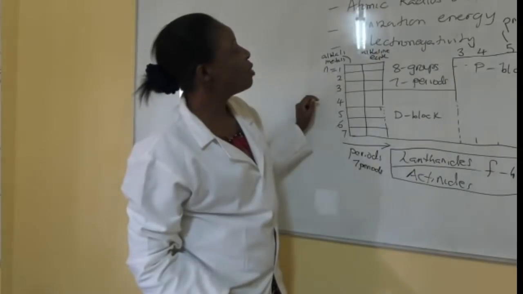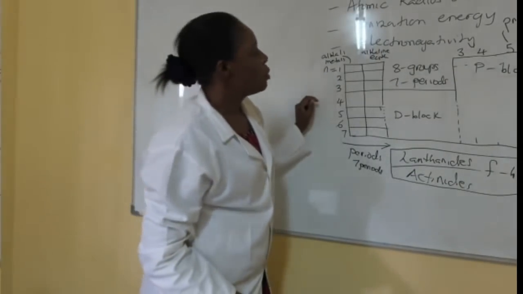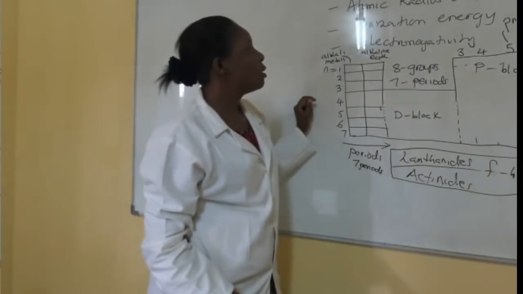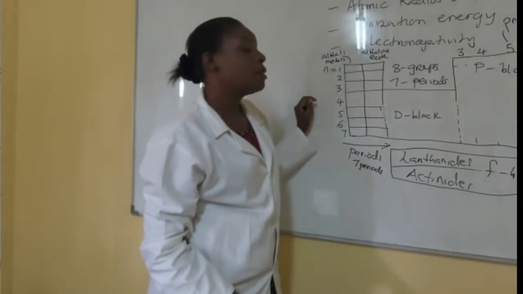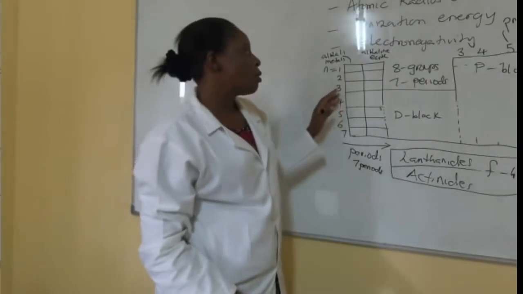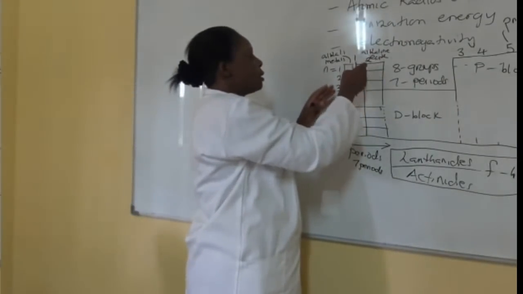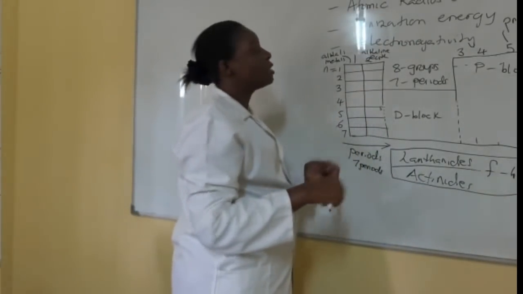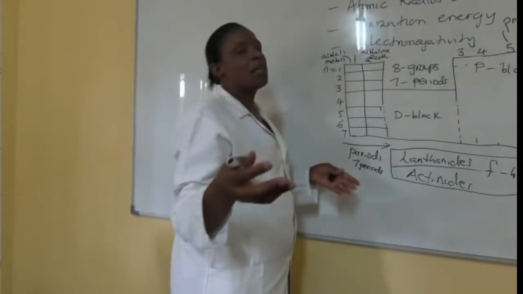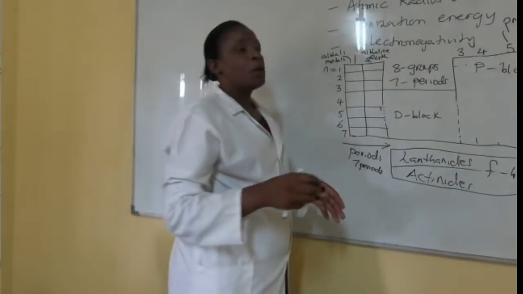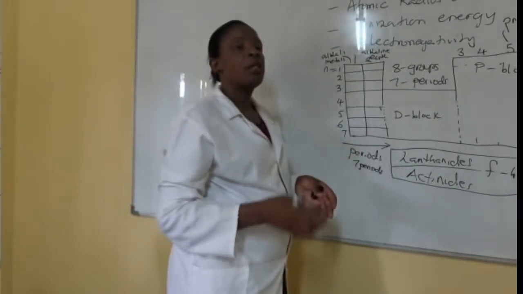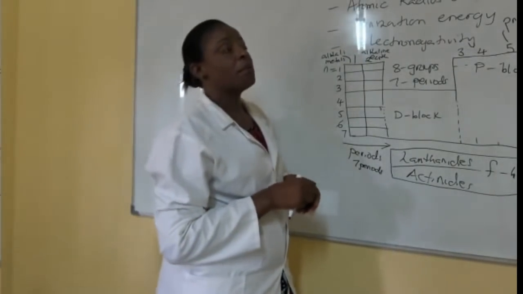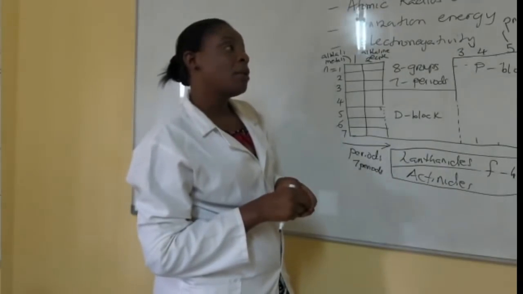So now, when we talk about periodic trends, what we're saying is there are certain similar properties which are notable. Since these elements are in the same group or same family, they may have similar trends. It's the same thing even in your homes where you come from. You say that in this family they are short. That's a trend that you can use to tell.